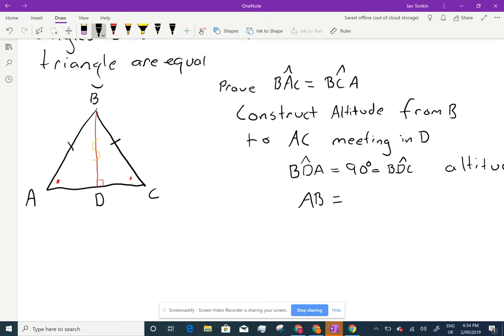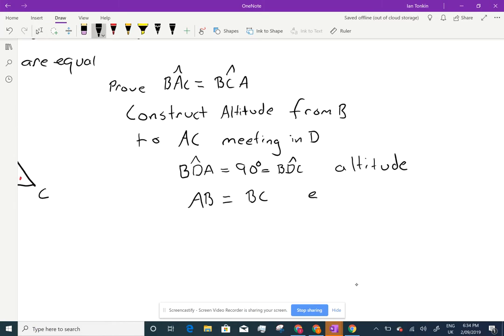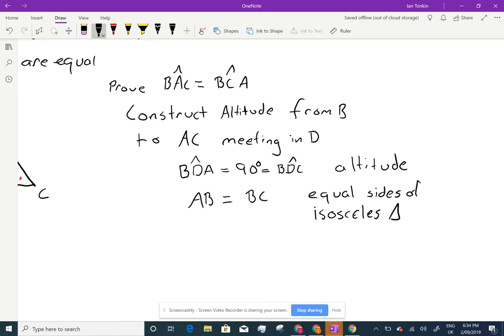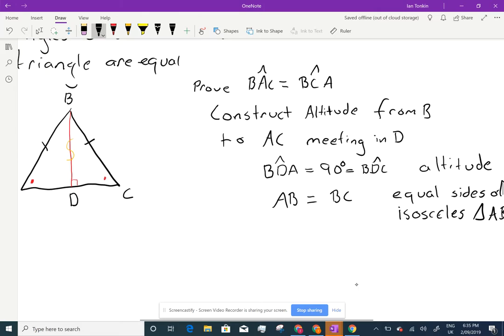AB equals BC, equal sides of isosceles triangle ABC, and BD is common.